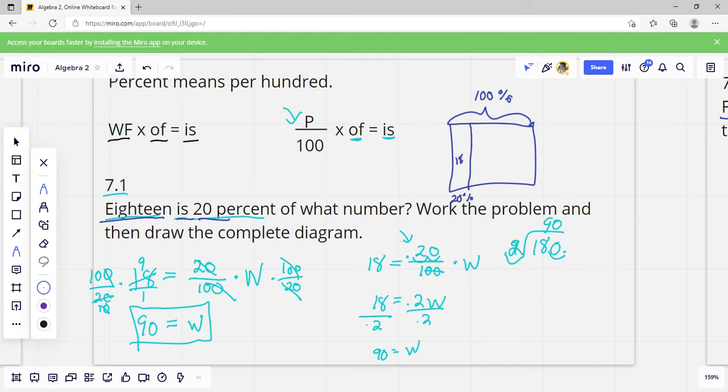And we figured out that it was 90. 100% equals 90. If we did 20%, this means that this part would need to be 80%. 80% of 90 would be 72, and if we added those two together, 18 and 72 is 90.